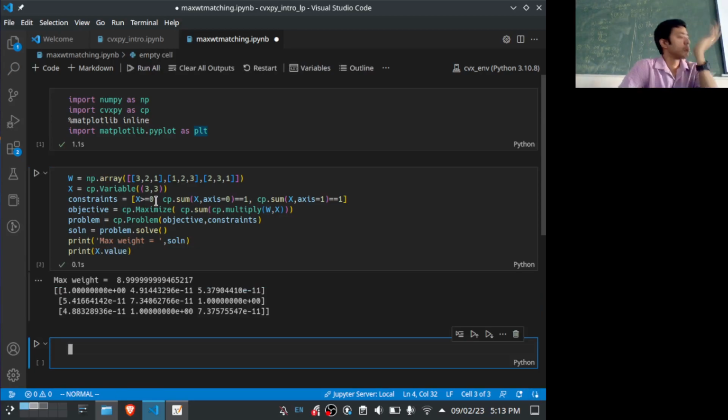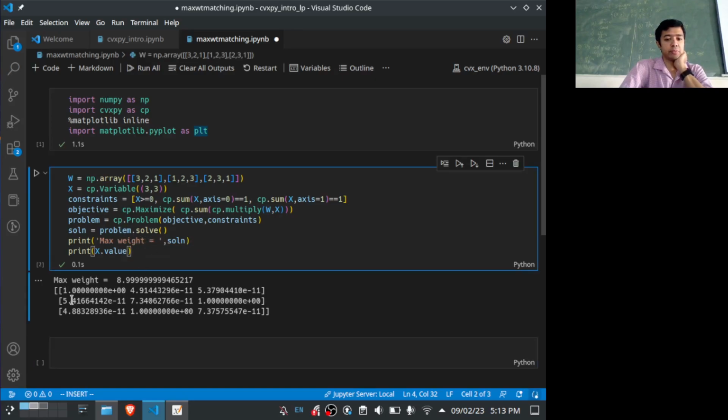Right. So I just use cp.Problem, solve it, run this, and is it the same as what we had earlier? So 1 gets mapped to 1, 2 gets mapped to 3, and 3 gets mapped to 2.